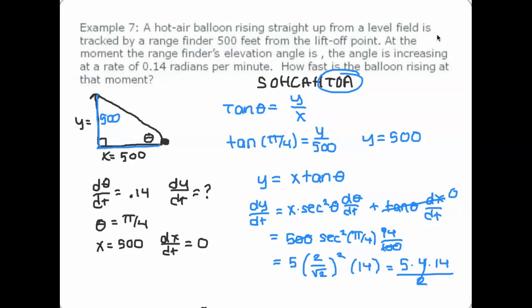Again, 4 divided by 2 is 2, so you get 5 times 2, which is 10, times 14, which is 140. And this is in feet per minute. So that means that the rate of change of the hot air balloon when the angle is pi fourths is 140 feet per minute.